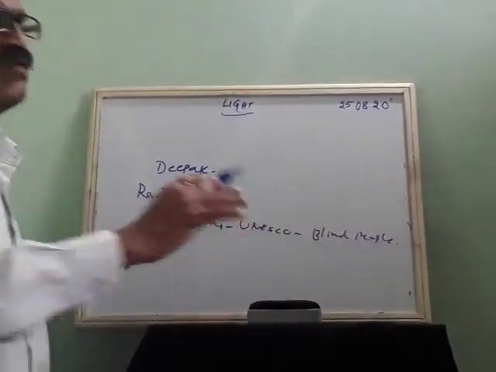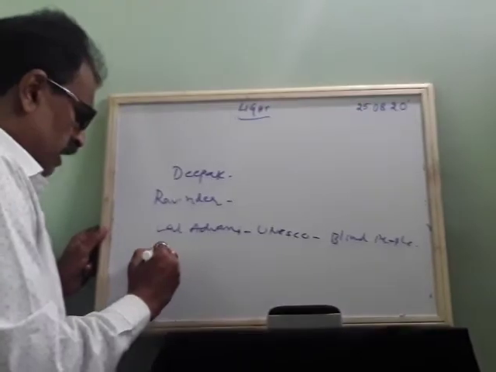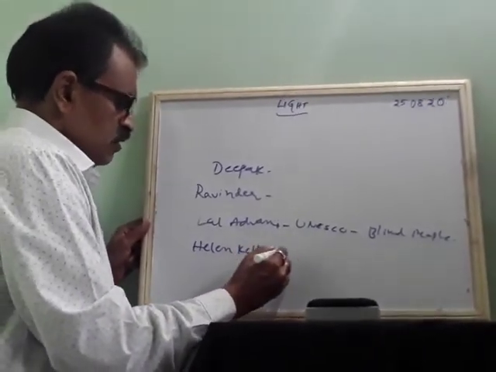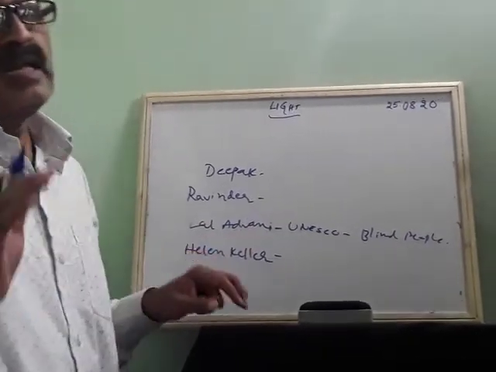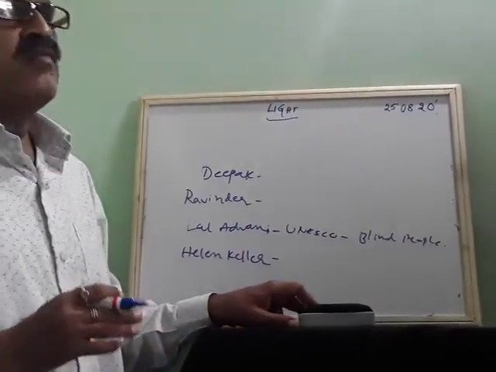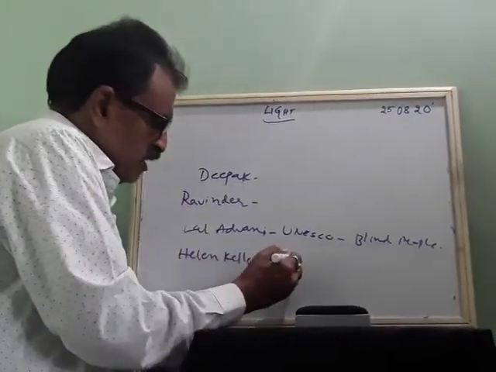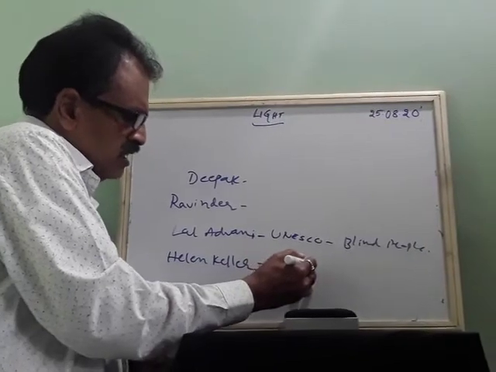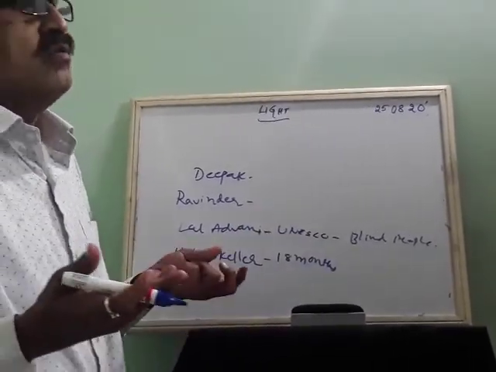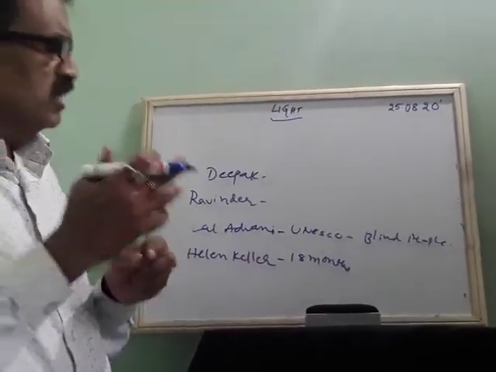Okay. So there is one more important person called Helen Keller. You know very well. This lady's life was very challenging because she lost her vision completely. She became blind due to some disease, and at the age of 18 months, she lost her vision. Then what to do? If a person is blind, should she depend on others?